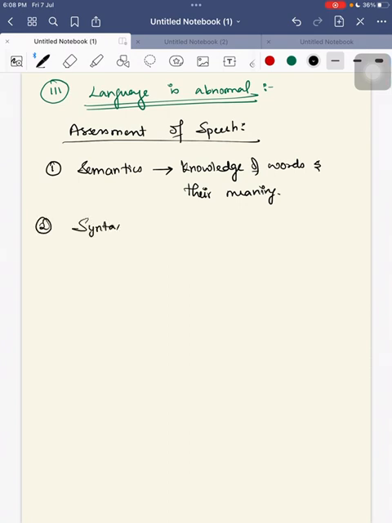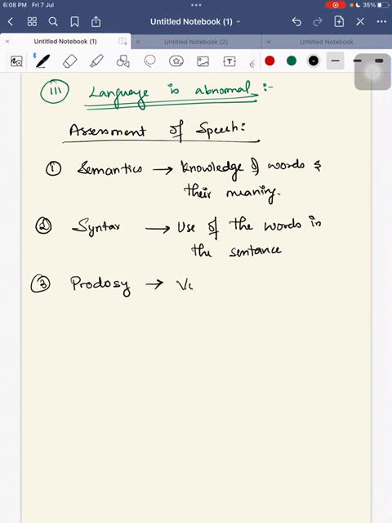Second one is syntax. That is use of the words in the sentence. Third one is prosody. That is nothing but voice modulation. Fourth one is pragmatics.